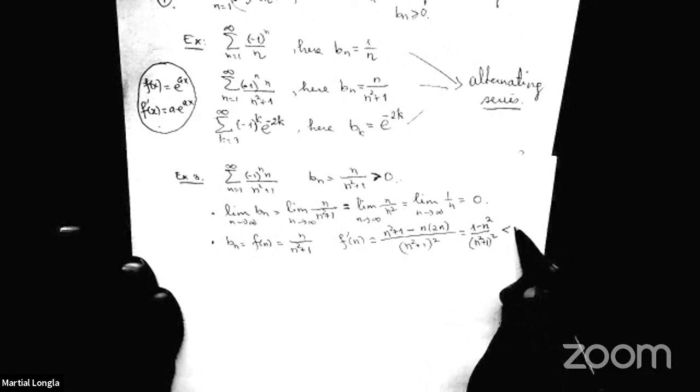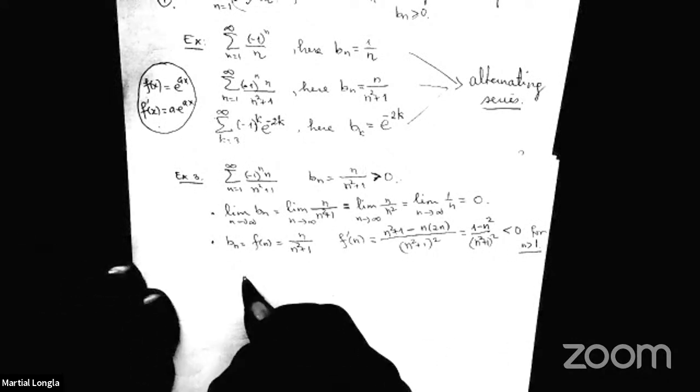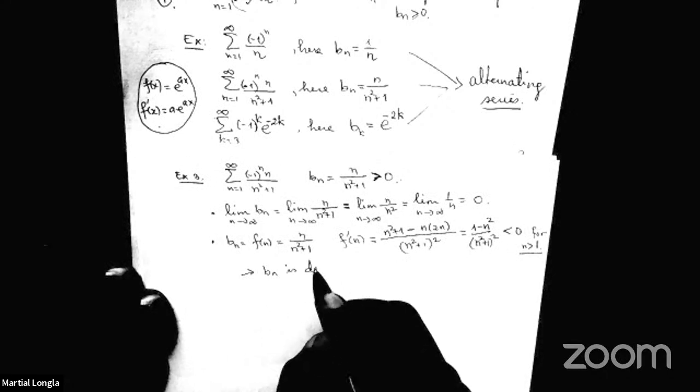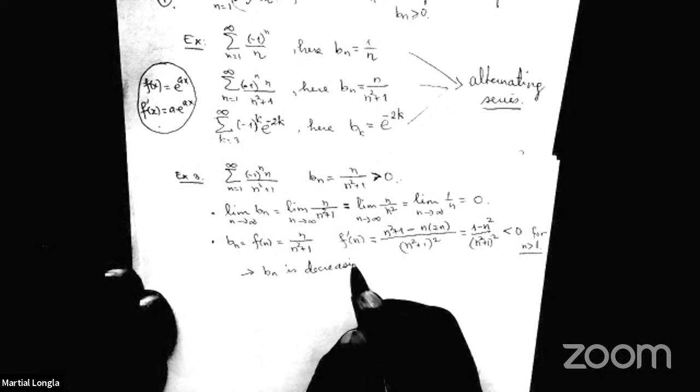And this thing is less than 0 for n larger than 1. If n is larger than 1, n squared is larger than 1, so 1 minus n squared is negative, so the whole thing is negative, which means that bn is decreasing. That's it.